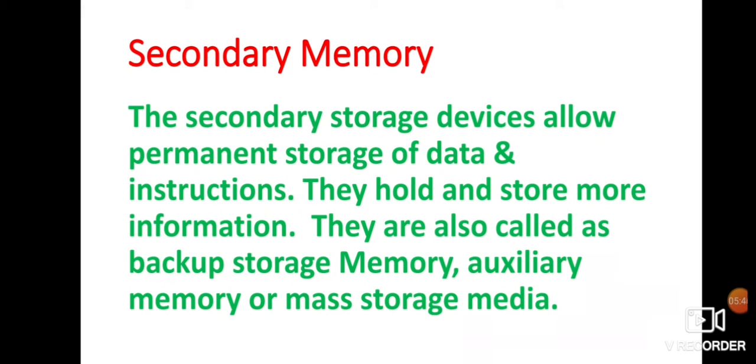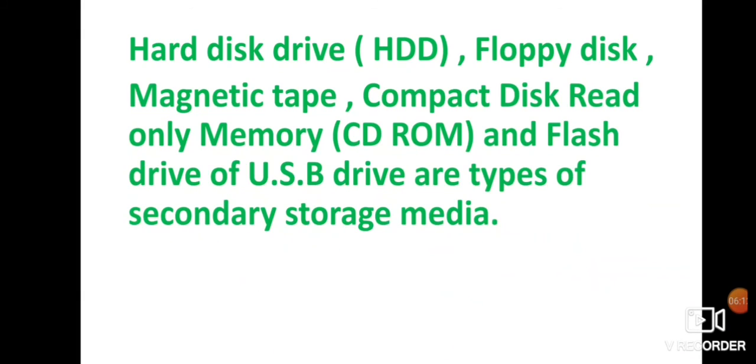They are not directly accessed by the central processing unit. For subsequent use, they are first transferred to primary memory and then used by the CPU. They are not as fast as primary memory, but they are not as costly as main memory. So we add more and more secondary memory to our computer.